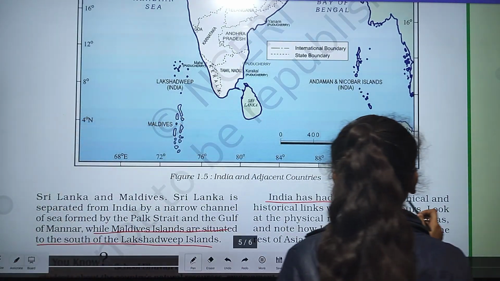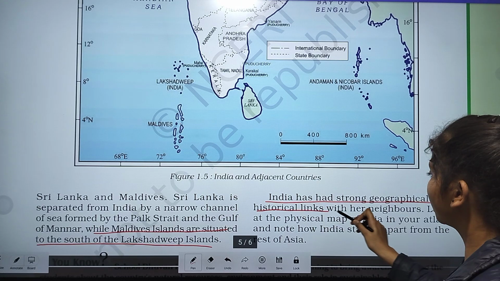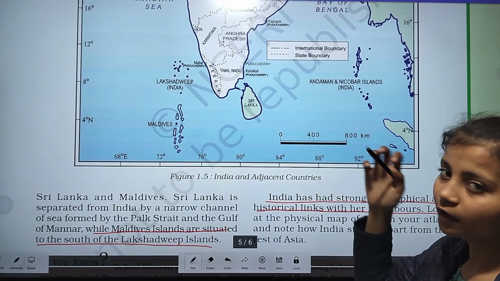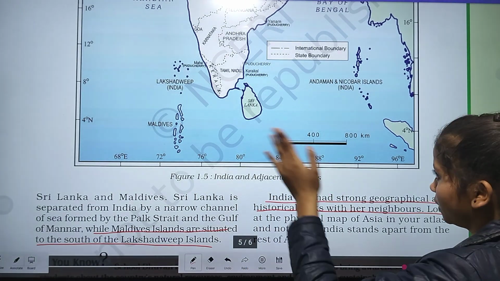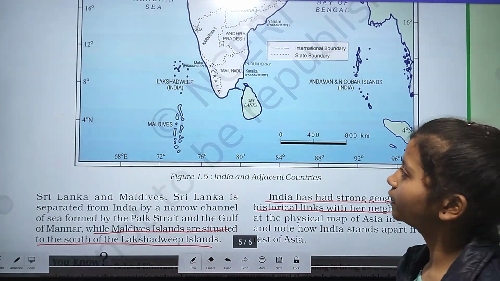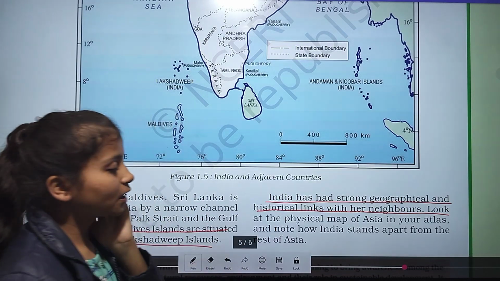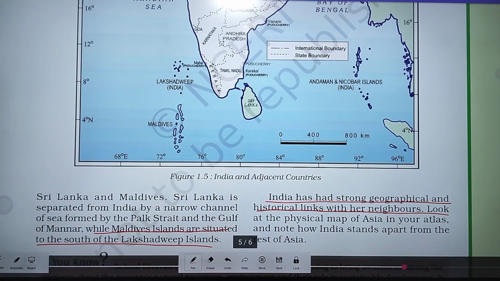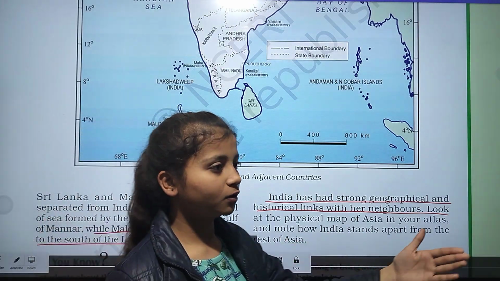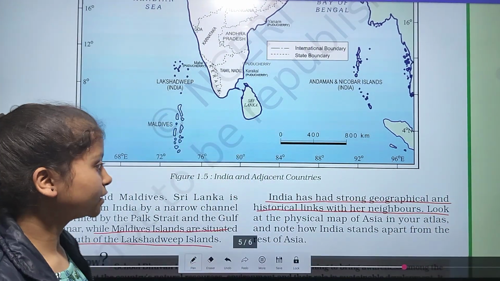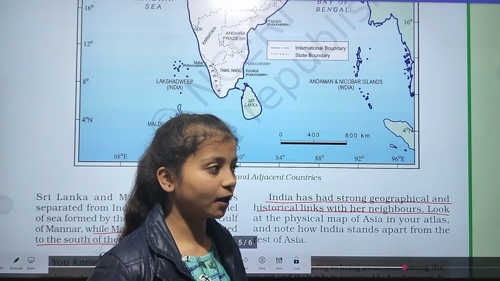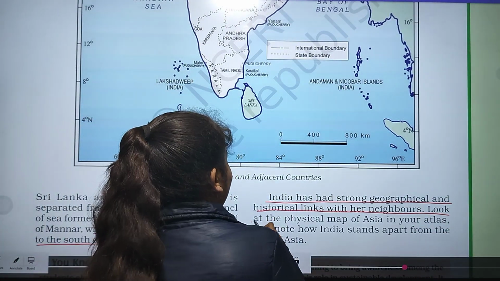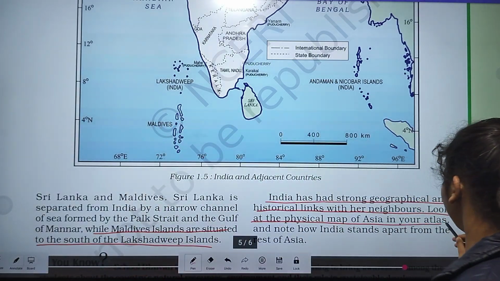India has had strong geographical and historical links with its neighbors. Who are the neighbors? Sri Lanka and Maldives in the south, Bhutan, Nepal, China in the north, Afghanistan, Pakistan in the northwest, and in the east, Myanmar and Bangladesh.